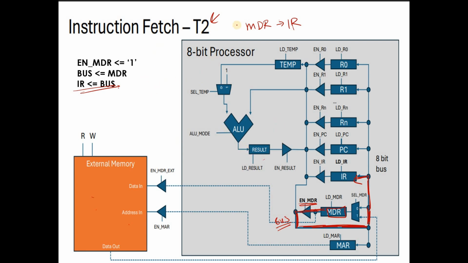So to review what we did in the first cycle, we copied the content of the PC and passed it into ALU and MAR. Remember, from PC to ALU and MAR, ALU so that it can increment the value by +1.